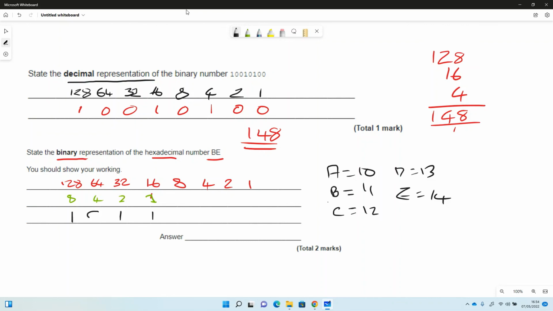That adds up to 11: 8, 9, 10, 11. And then on this side, I've got E. I need to add that up to 14. So 8, 12, 14, like that. And so that is my answer just there. But if I want to write it into binary, it's 1 0 1 1 1 1 1 0. So that's my answer in binary, and that's me converting from hex into binary.